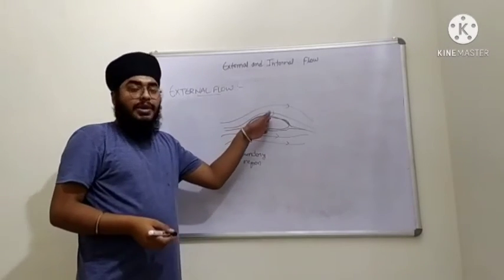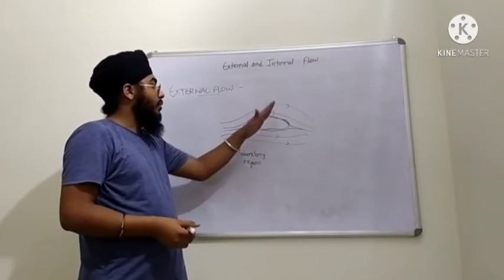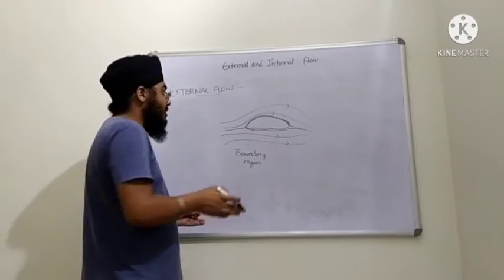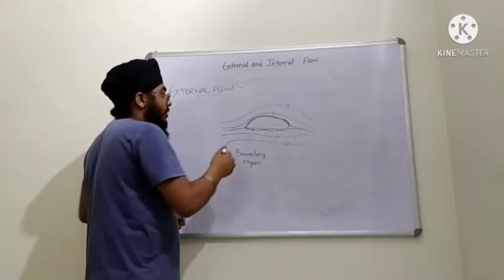Now this is a submerged body and liquid is flowing around it, and this is the boundary region. We have already discussed this before in boundary layers.